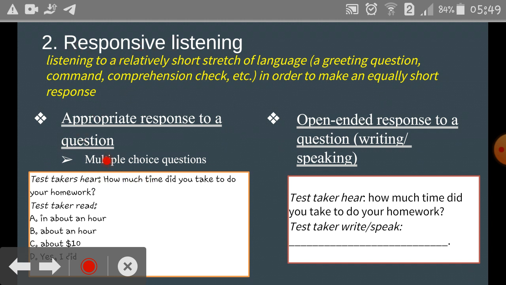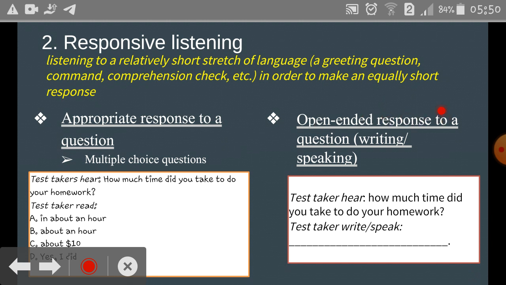For example, you can use multiple choice question and also open-ended response to a question. So here in multiple choice question, for example, the student will hear, "How much time did you take to do your homework?" And they will read the options, "In about an hour," about $10, or "Yes, I did," for example.